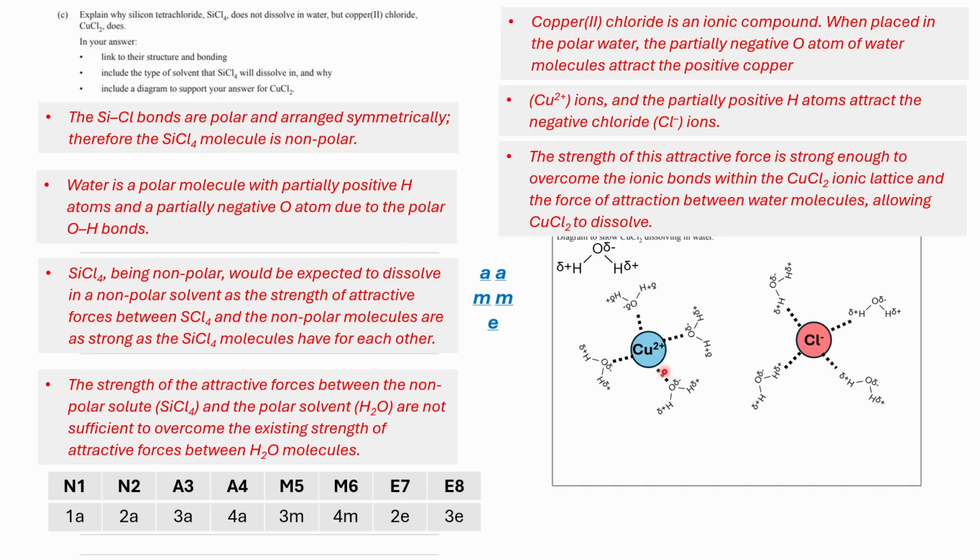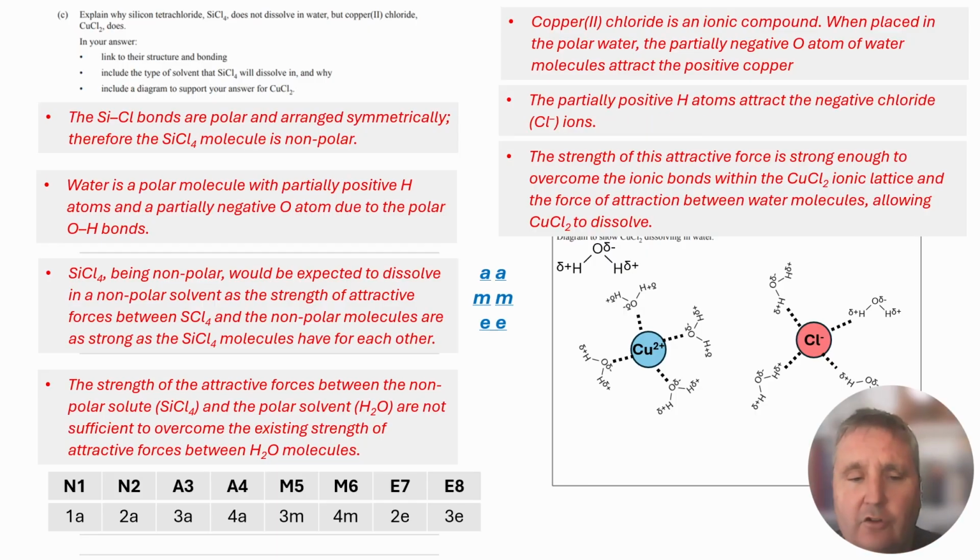These attractions will be as strong or stronger than the attractions that the copper had for the chloride, therefore it will dissolve. You're going to be looking at getting the excellence grade here. You need to have some confidence and make sure you clearly put down those arguments so that you can get these answers that will get you through.